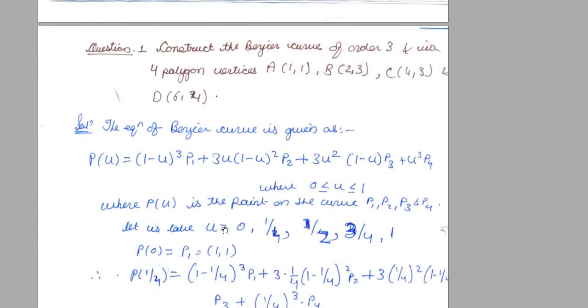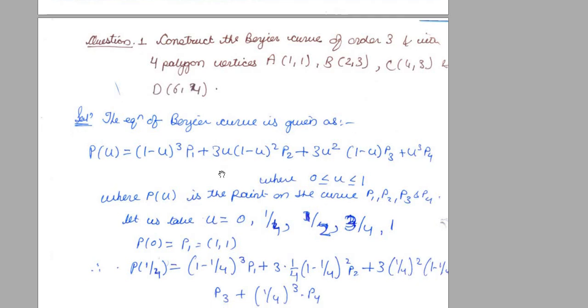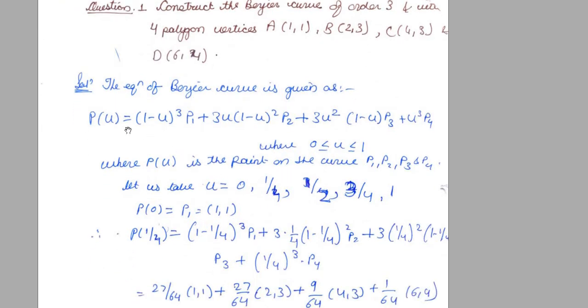Construct the Bezier curve of order 3 and 4 polygon vertices A(1,1), B(2,3), C(4,3) and D(6,4). The equation of the Bezier curve will be given as we have discussed previously. P of u is equal to (1 minus u) cube P1 plus 3u (1 minus u) square P2 plus 3u square (1 minus u) P3 plus u cube P4.